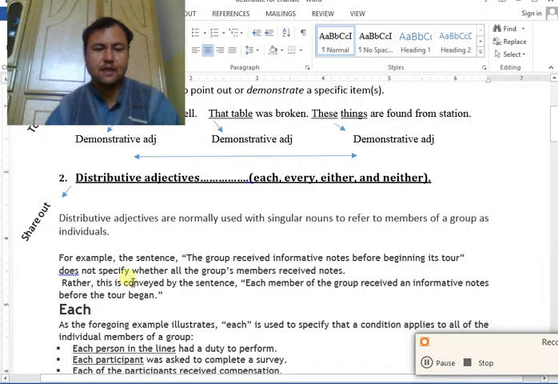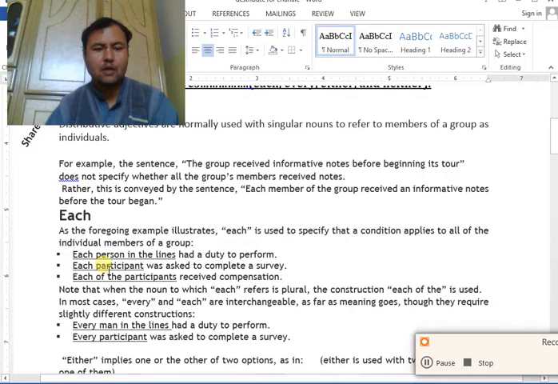So instead of that we have to use a distributive adjective. Each member of the group received informative notes before the tour began. Here each is a distributive adjective modifying the member, and member is a noun.